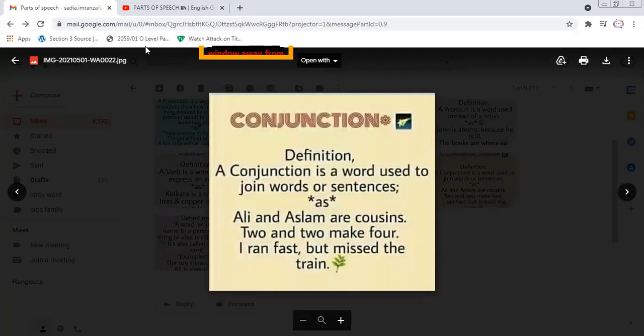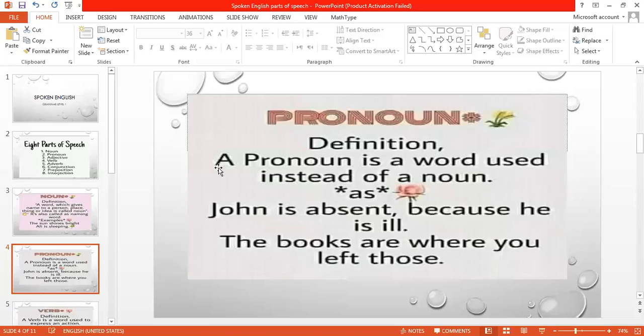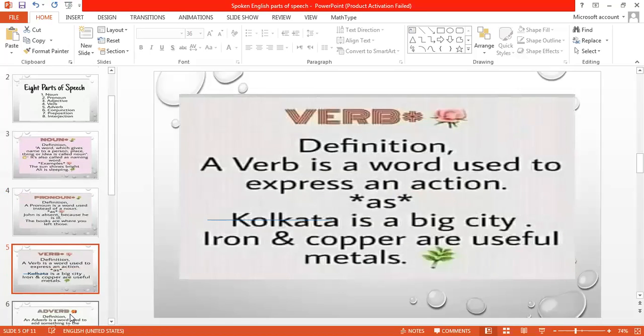Let me open the slides and then we can see. Yes, so the next part of speech is verb.